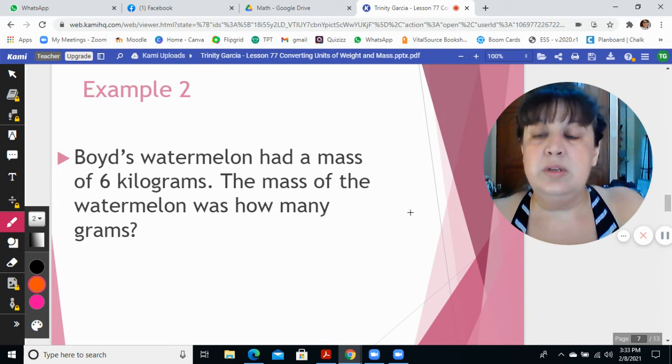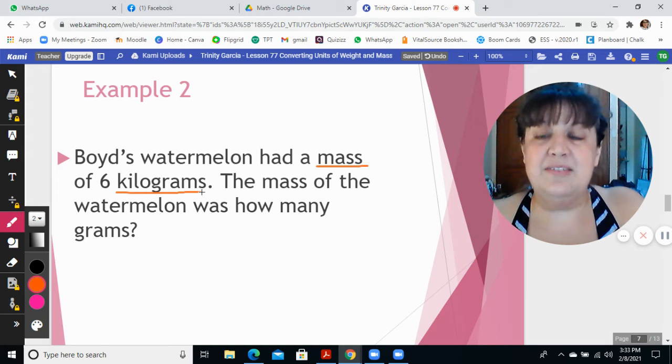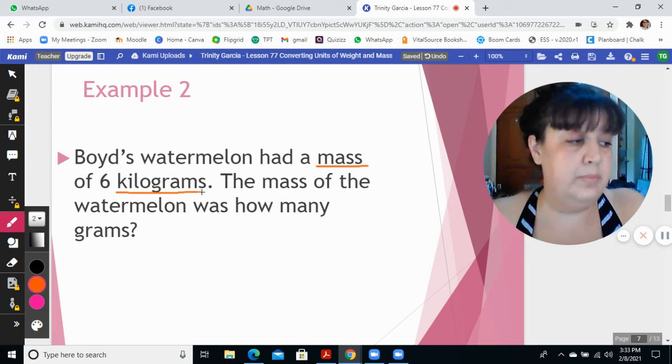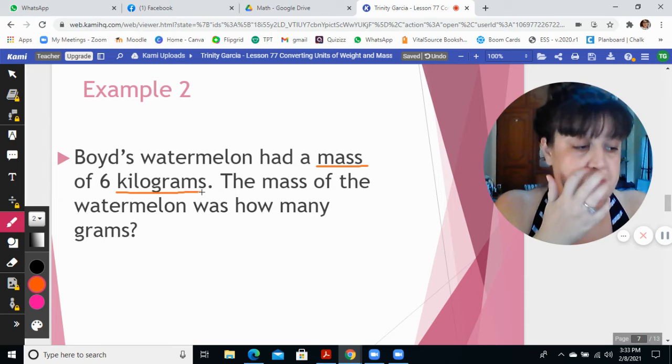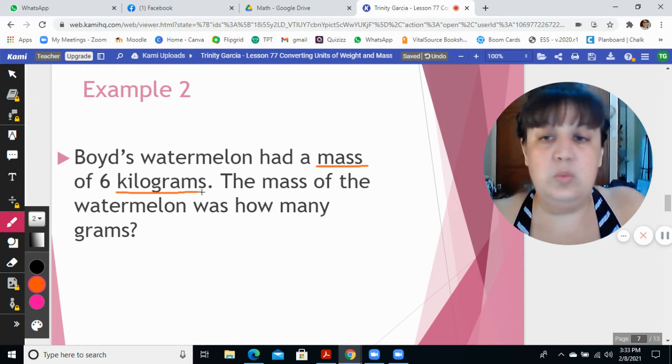Example 2. Boyd's watermelon has a mass of, okay, a mass. So we're in the metric system, and you see kilograms here. Boyd's watermelon has a mass of 6 kilograms. The mass of the watermelon was how many grams? You can go back to the chart again to help you figure this out. 1 kilogram is equal to 1,000 grams.